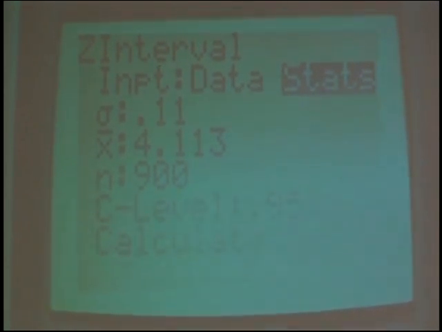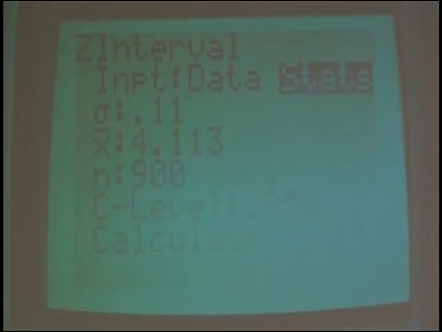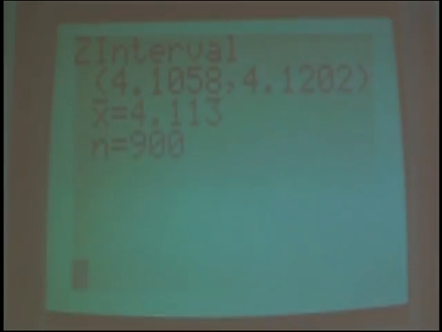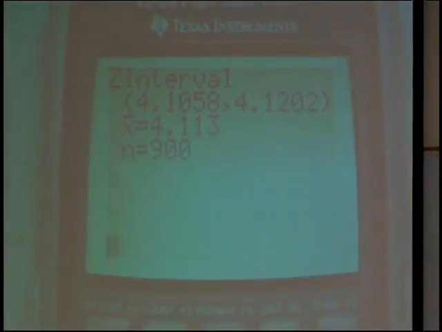So C level is confidence level. And calculate. And there you have it. 4.106 to 4.120. Is B online that didn't have all the listings? Go over to stats, Erica. Go up here and over to stats, hit enter. There you go. Okay.